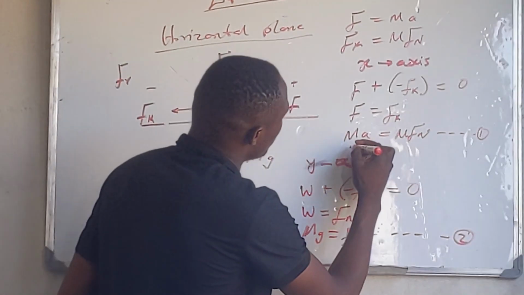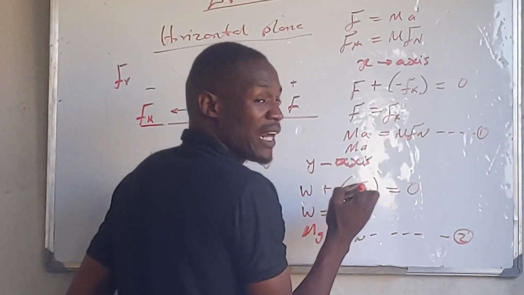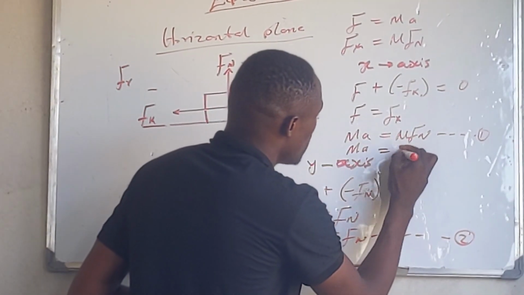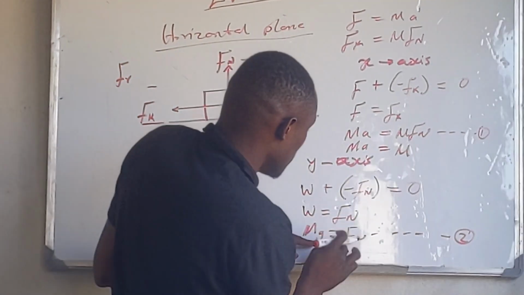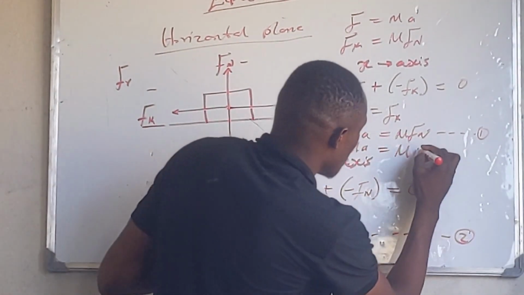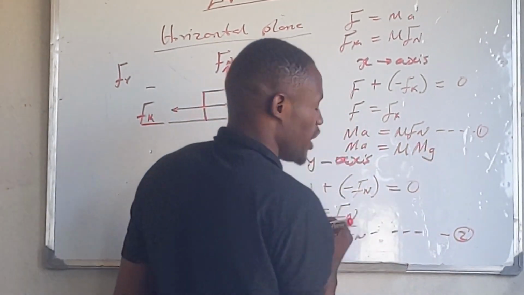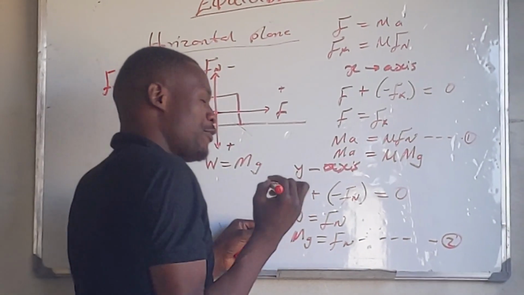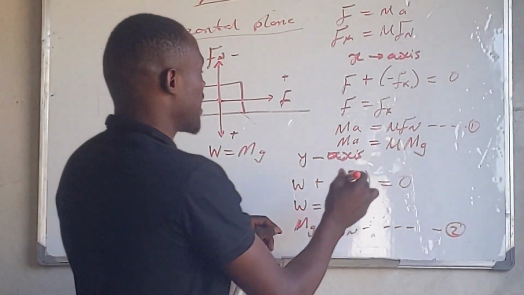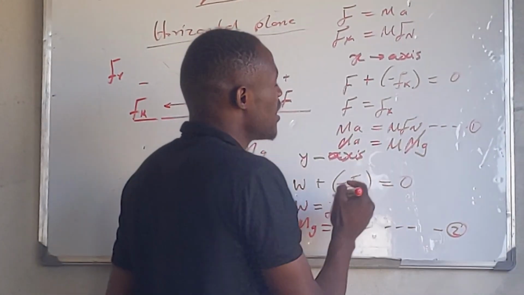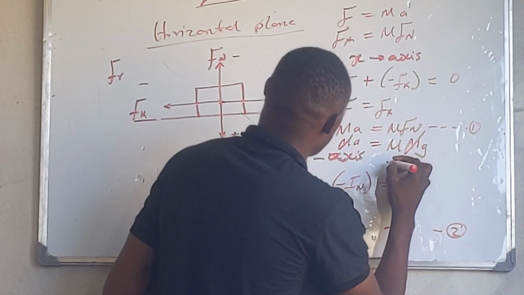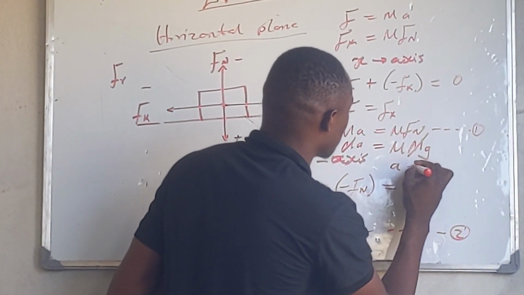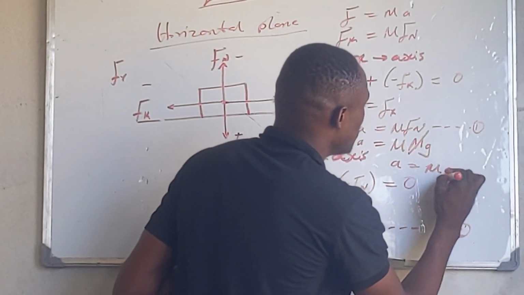So we are going to have our new equation as mass multiplied by acceleration is equal to mu multiplied by, since normal force is mg, then we will replace it by mg. Therefore, if we are finding the acceleration, we can cancel out these m's. Then we are going to have our equation for acceleration as equal to mu multiplied by g.